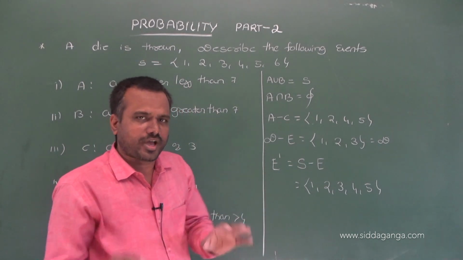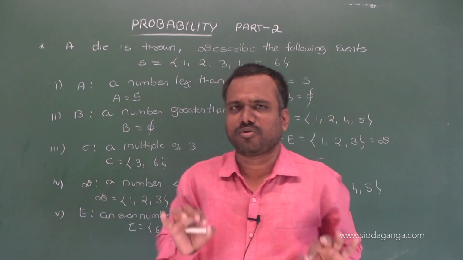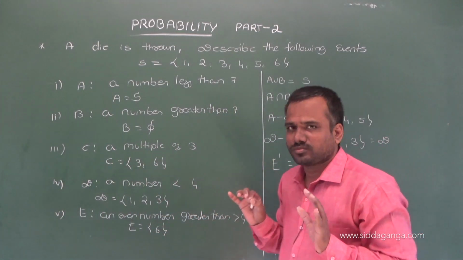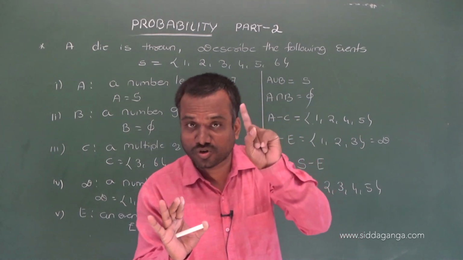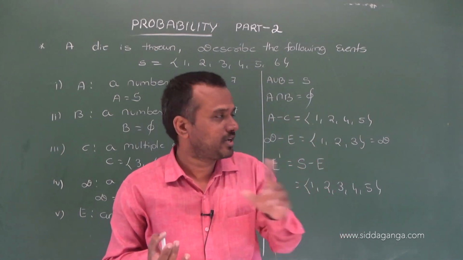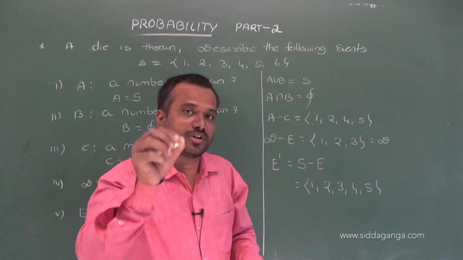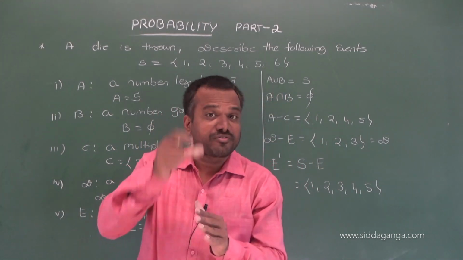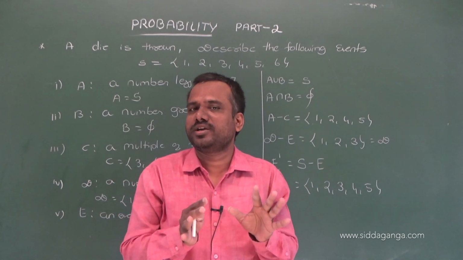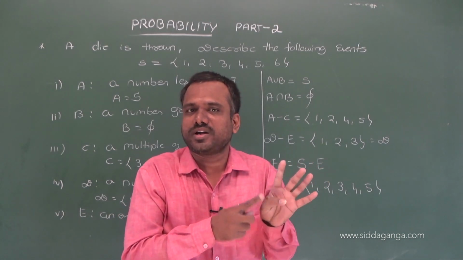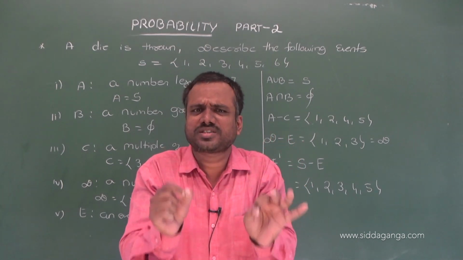Got my point? I took a simple problem. In the first PUC textbook, there is an exercise on how to write the events and how to write all these operations. Better to solve it, then only you perfect the concept of event. Because in probability, sample space and events are the basic foundation.